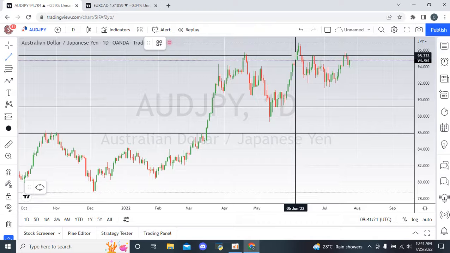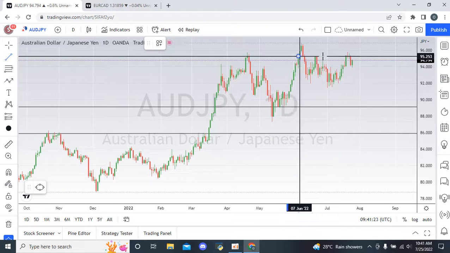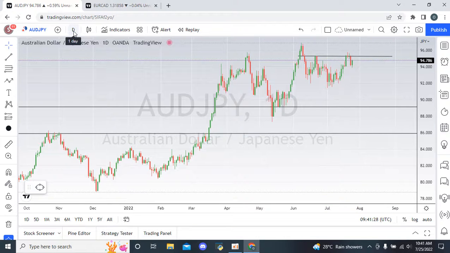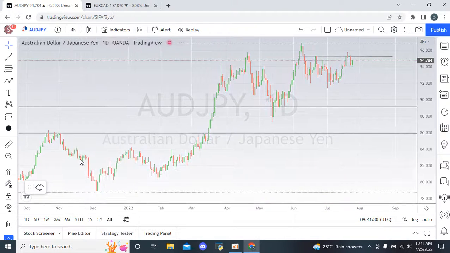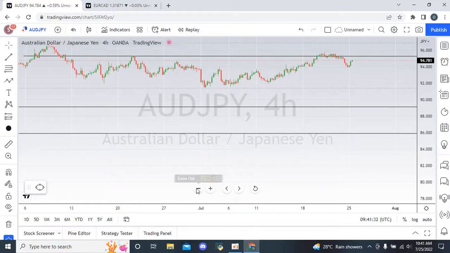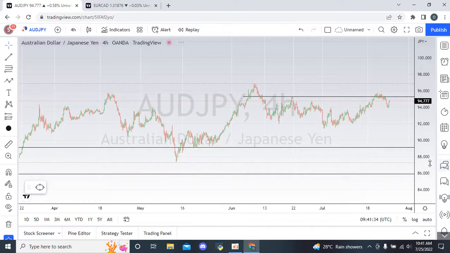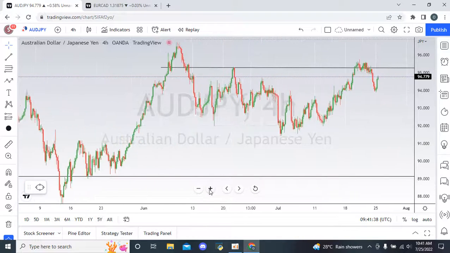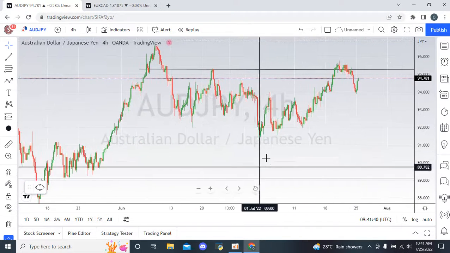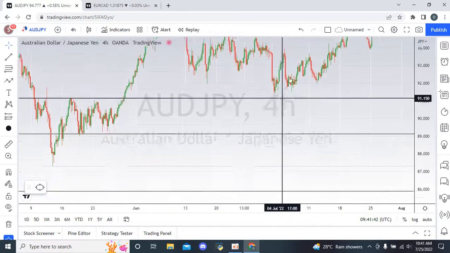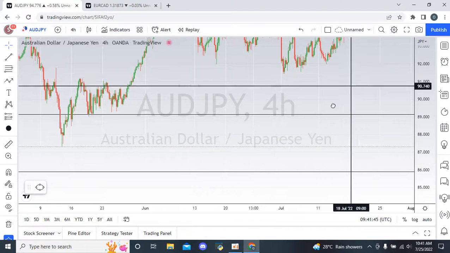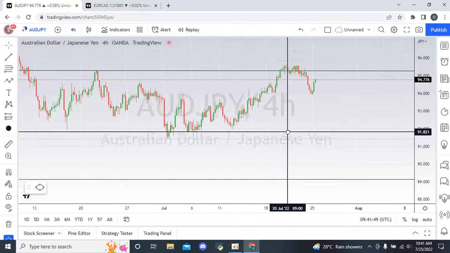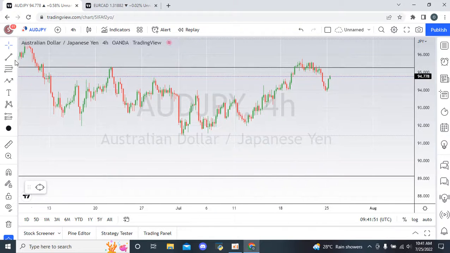The price will retest at least to this region. So it's currently buying. Let's go to the 4-hour time frame. These are the two regions that we identified with the monthly time frame. This is 4 hours. Let's see what is going to happen in the market.